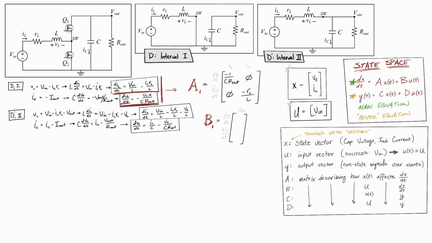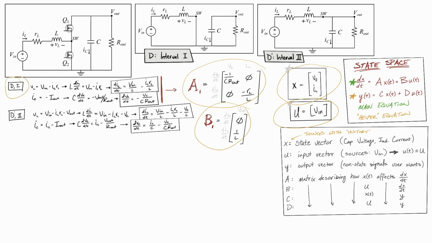I'm going to look back at my differential equations again for interval 1 and see dVC over dt is not dependent on Vn, so that's going to be 0, and then dIL over dt is dependent on Vn by this term 1 over L. I now have my state vector, my input vector, that's x and u, and then I've got A1 and B1. So the A and B matrices that describe interval 1.